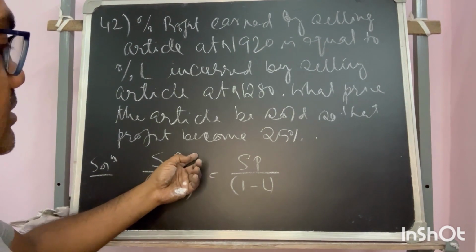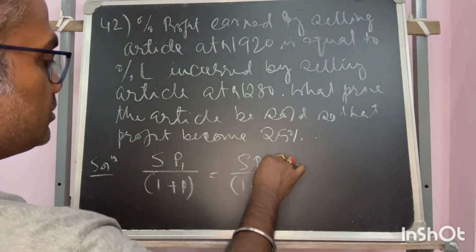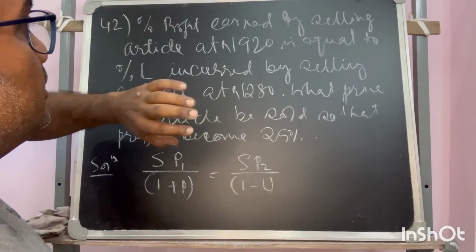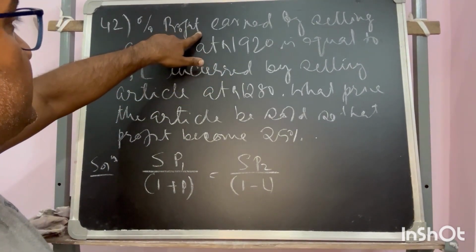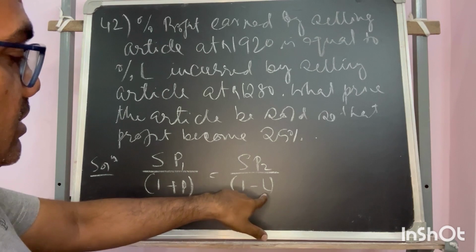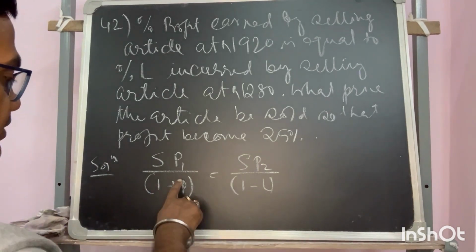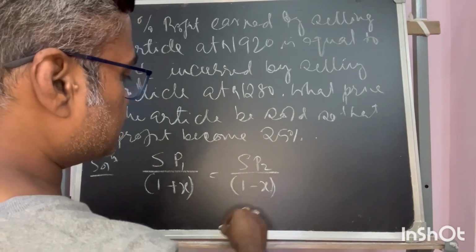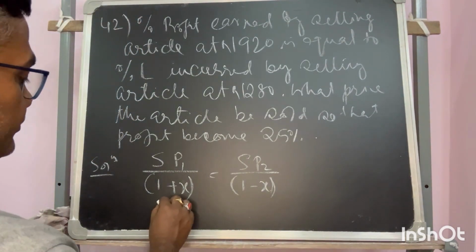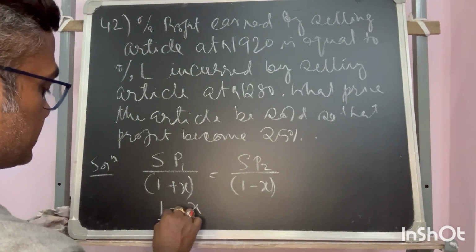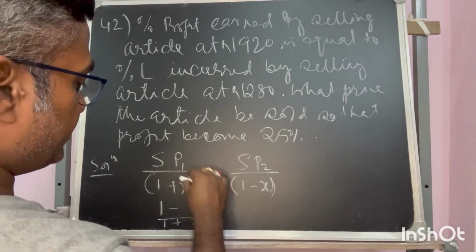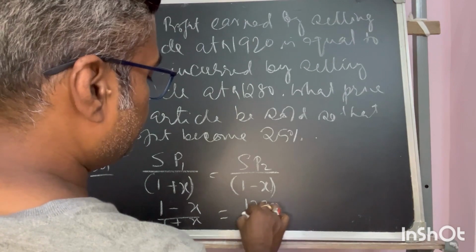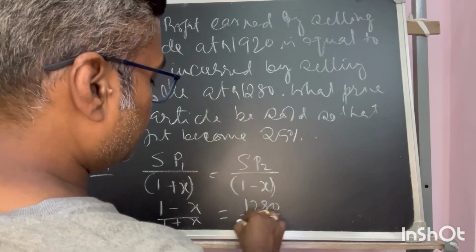Now this selling price is different, I am saying this is SP2. Now how are loss and profit related? The percentage profit for the first case is the percentage loss in the second case, so these values are the same. I can take both as x. So now 1 minus x by 1 plus x will be SP2 by SP1, that means 1280 divided by 1920.